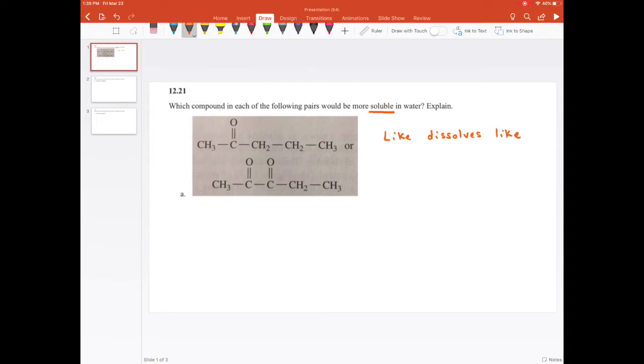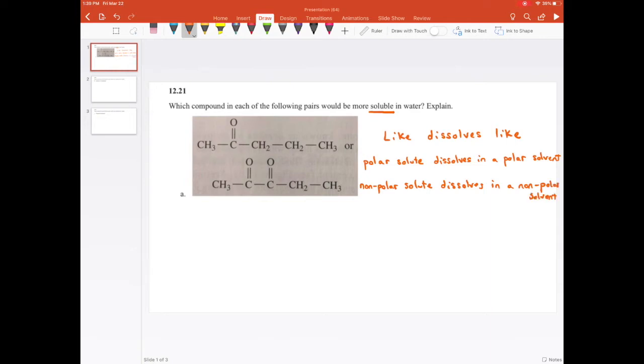And what that means is that a polar solute dissolves in a polar solvent, and a nonpolar solute dissolves in a nonpolar solvent.